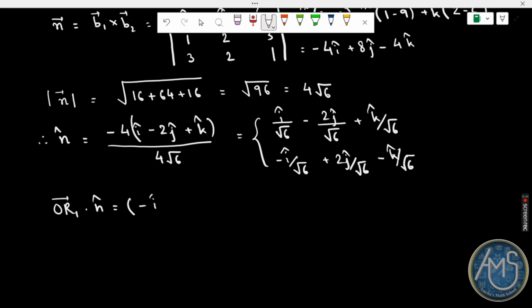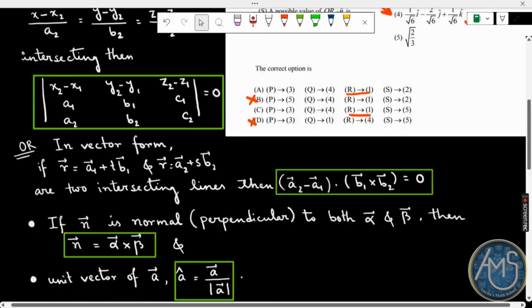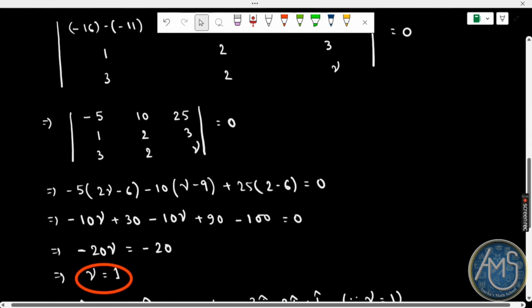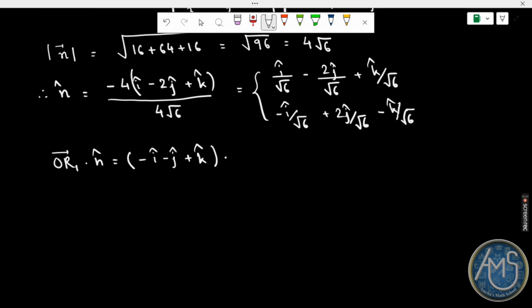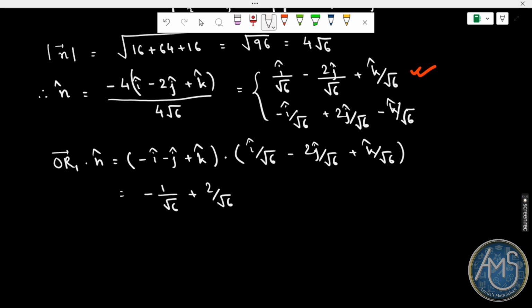The value of OR1 is minus i cap minus j cap plus k cap, multiplied by, that means dot product of n cap, and we know that n cap is i cap by root 6 minus 2 j cap by root 6 plus k cap by root 6, which is equal to minus 1 by root 6 plus 2 by root 6 plus 1 by root 6, which is equal to 2 by root 6.